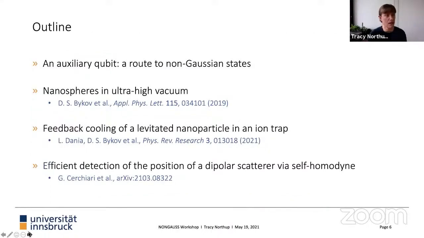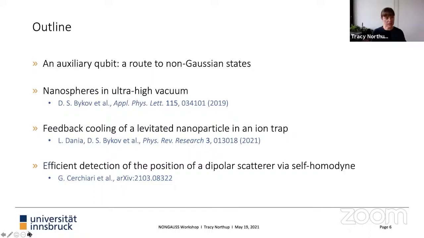So let me give you an outline now that I've tried to motivate this discussion today. I want to start by coming back to this question about non-Gaussianity and try to tell you where we're heading. That is this vision that we have of working not only with nanoparticles, but also with trapped ions as a route to the preparation of non-Gaussian states.